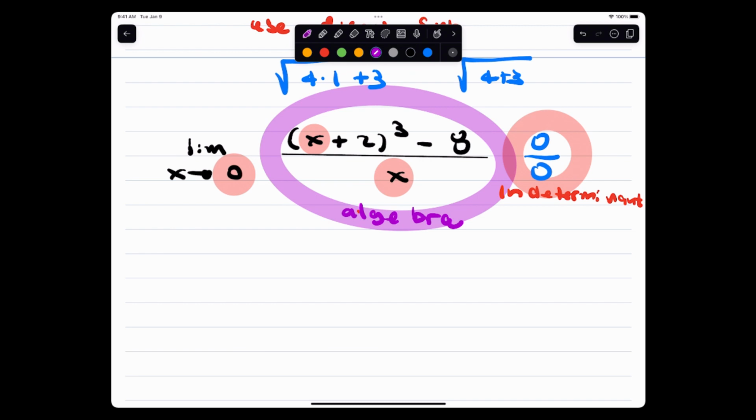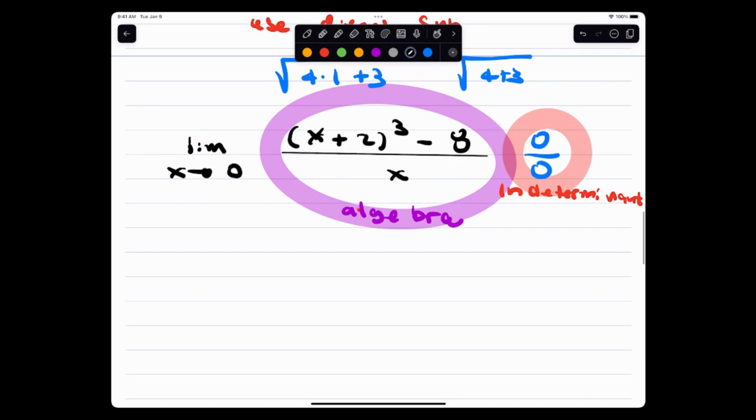Anybody know what I'm talking about? Well, what's the only algebra you can do here? You see this portion up here? What do you think you have to do there?